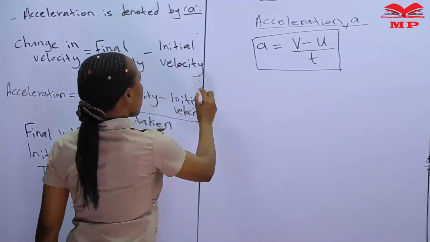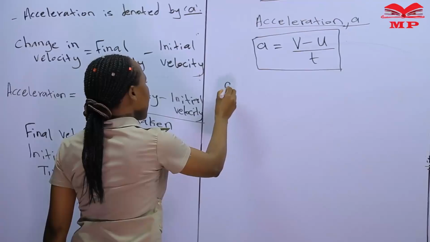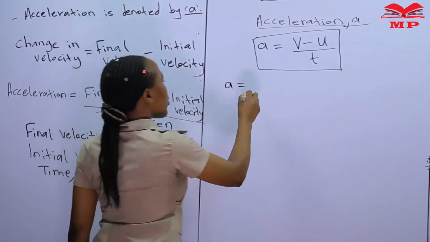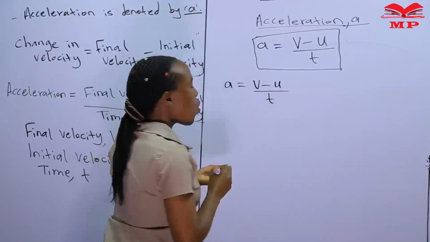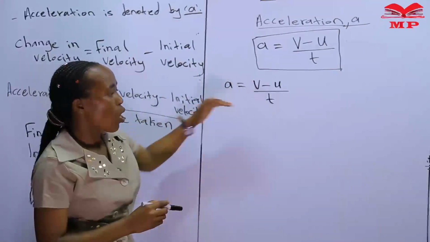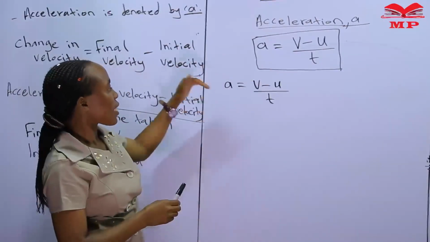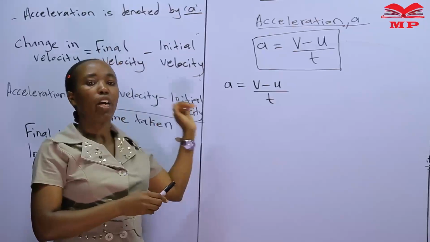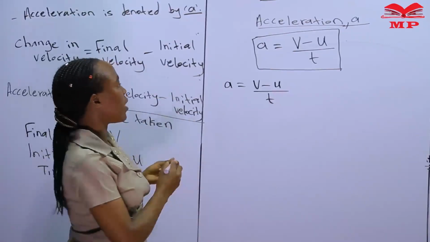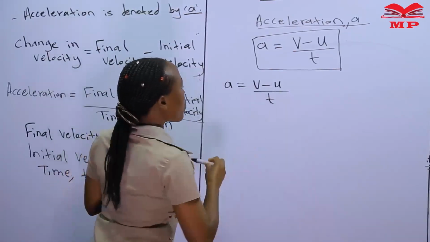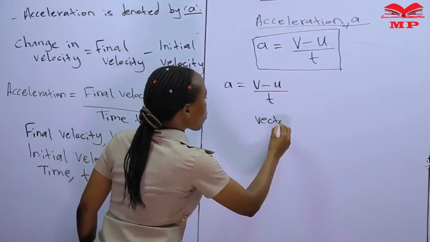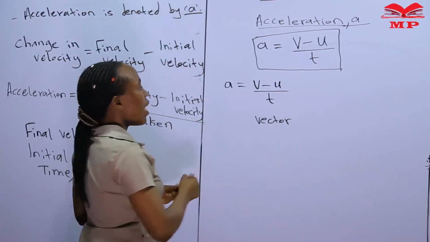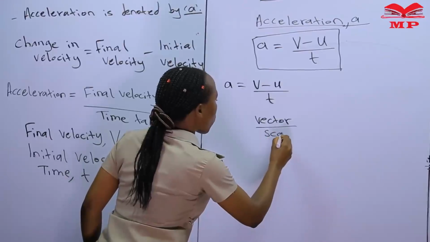Now that we know that acceleration a is the change in velocity, that is v minus u all over t, we can also tell whether acceleration is a scalar or a vector quantity. The velocity is a vector quantity, and time is a scalar quantity.